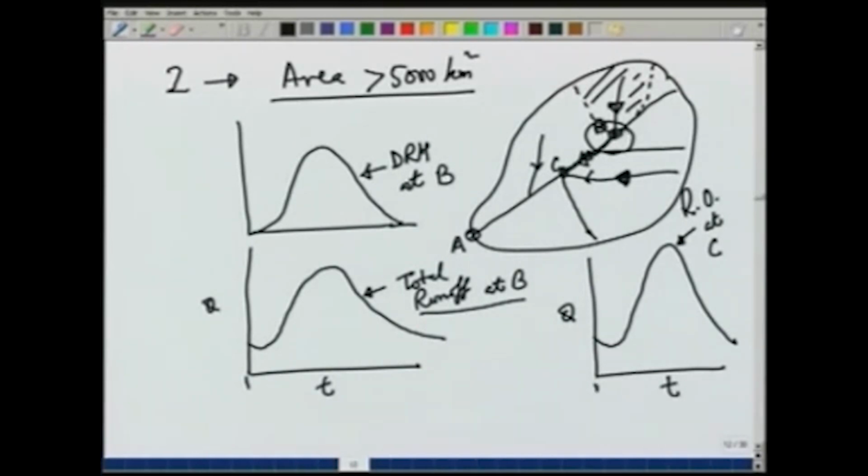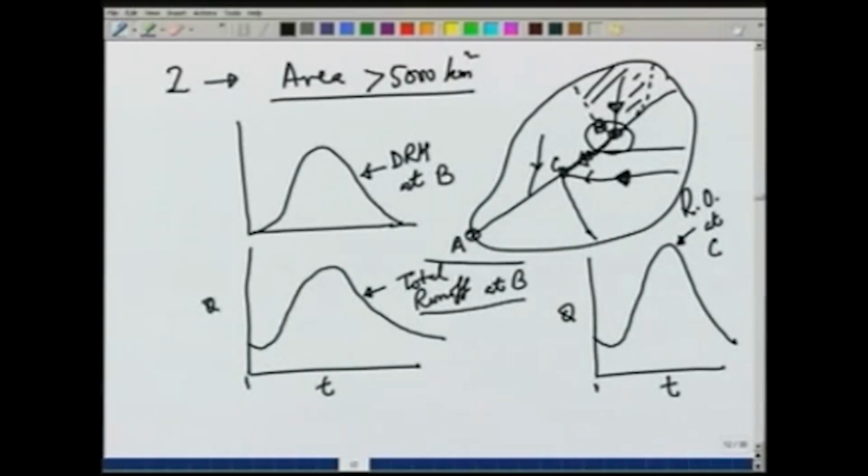Therefore, we have to do what is known as routing. In this case, we will have to route the flow through the channel, therefore, it is called channel routing. In some cases, when we route the flow through a reservoir, we call it reservoir or storage routing. For example, in the Nash model, we have done some kind of storage or reservoir routing.